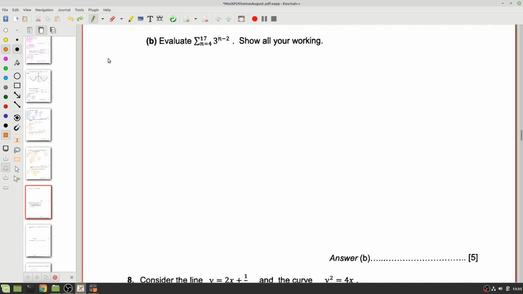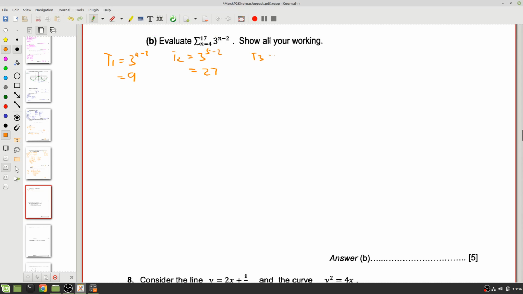Term 1 is when we substitute 4 into n. So 3 to the power 4 minus 2 gives us 3 to the power 2, which is 9. Term 2 is 3 to the power 5 minus 2, which is 3 to the power 3, which is 27.